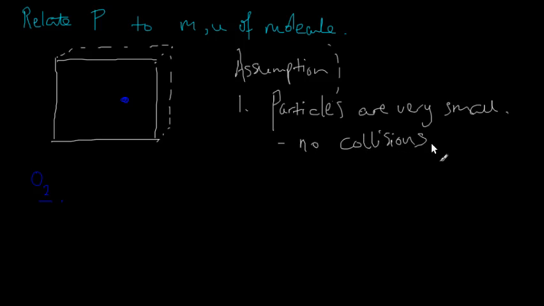Okay, no collisions. Now the next thing I'm going to assume is that there are no attractions between the particles. Usually, because the molecules are made up of electrons around the nuclei of protons and neutrons, these electrons and protons have electrical charges. So it is usually possible for some attraction to happen between one molecule and another in a real gas.